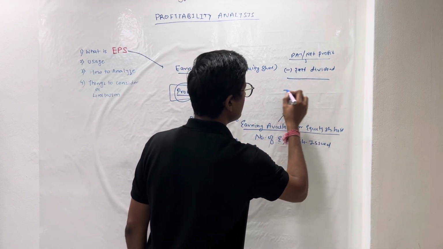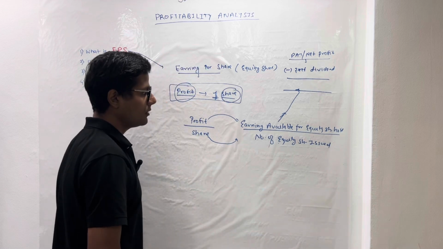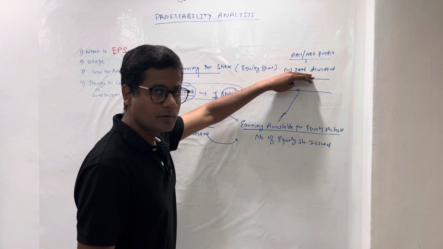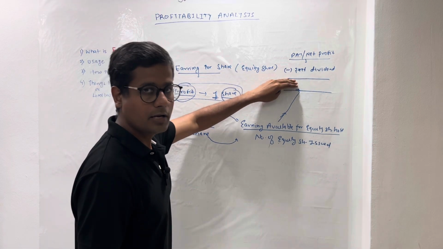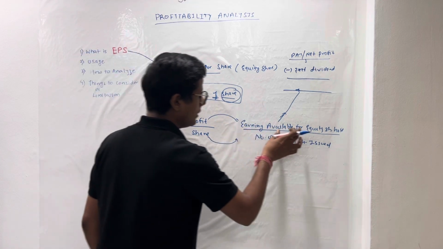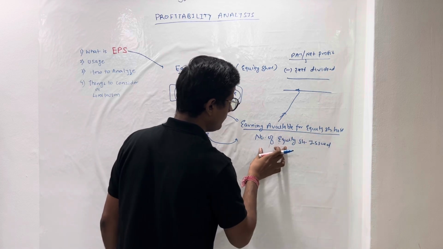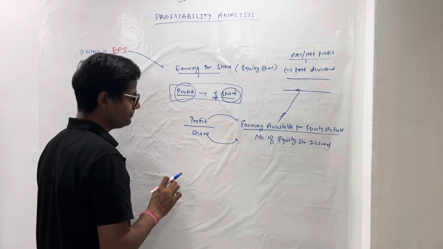Once the preference dividend is deducted, that's where you get earnings available for equity shareholders. Then you divide that by the number of equity shares issued and you get EPS.